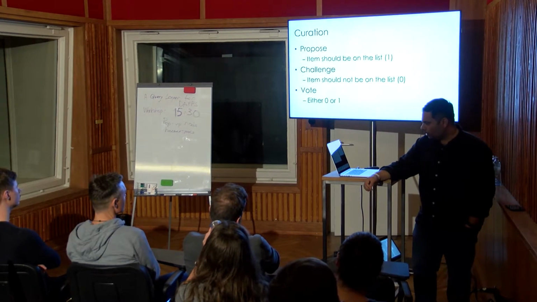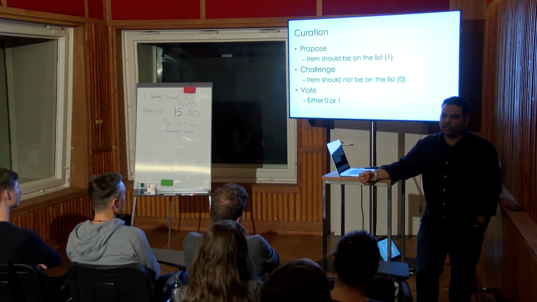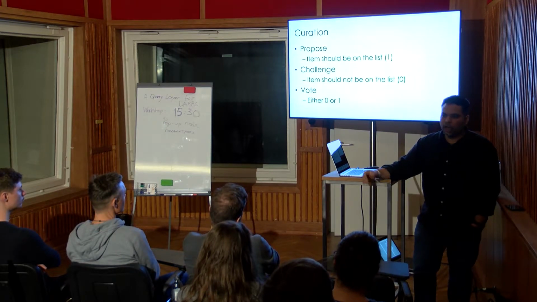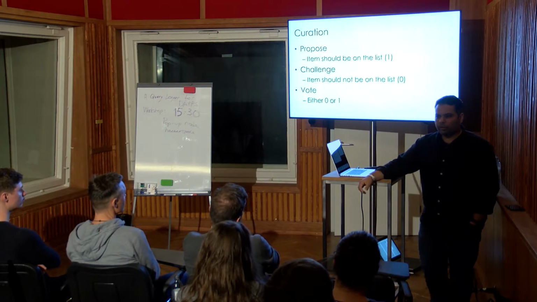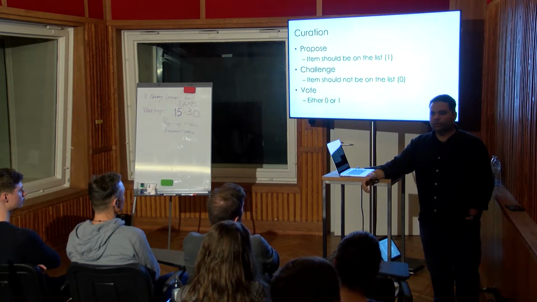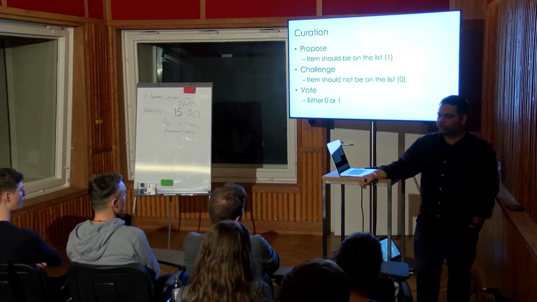Like if this was being maintained by one single person, he would just have a simple function called add or remove. But that doesn't work when you are working with a community, a group of people. Everybody has their say. So you basically say propose. I would like to propose that this item should be on the list, and I am willing to back my crypto tokens for this proposal.